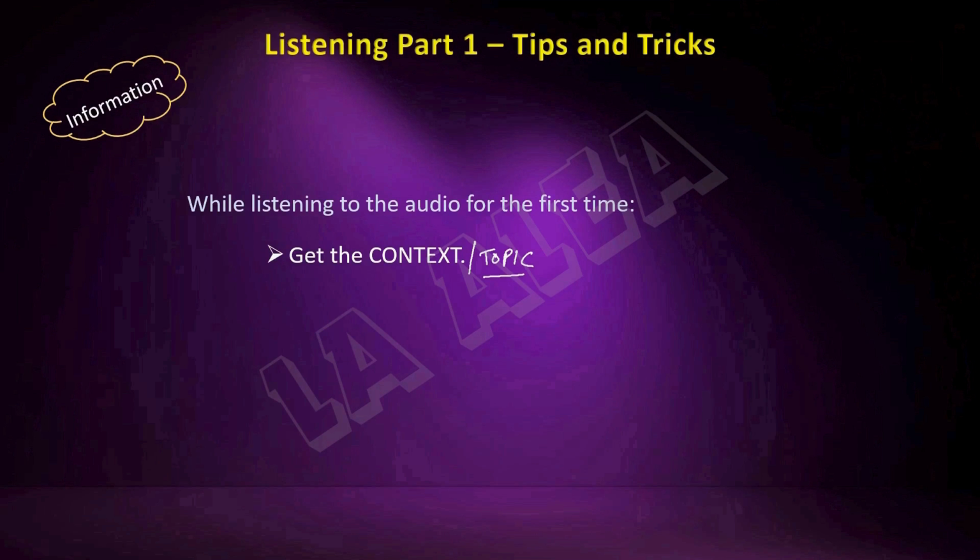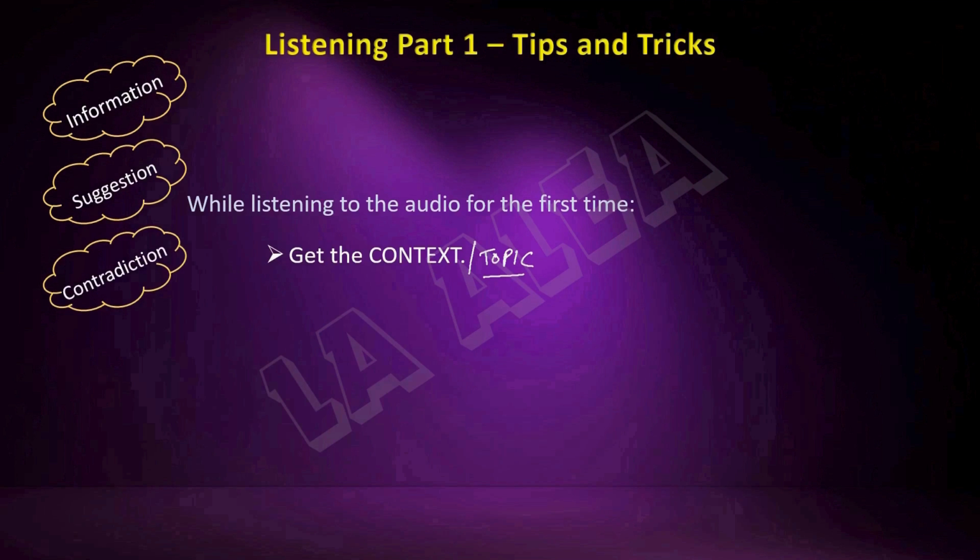Sometimes it can be about a suggestion, where one person is facing a challenge or some issue and another person is suggesting a solution. Sometimes it will be a contradiction, or an argument between two speakers on a given topic or idea.